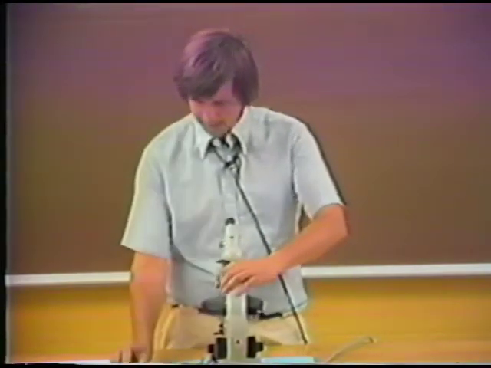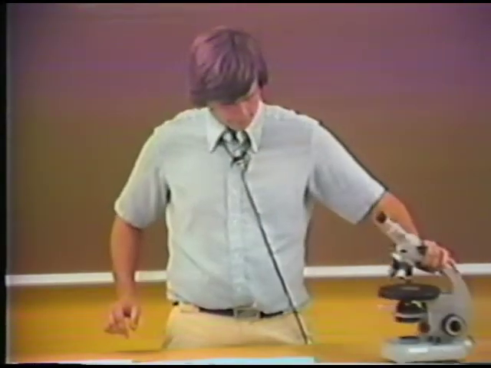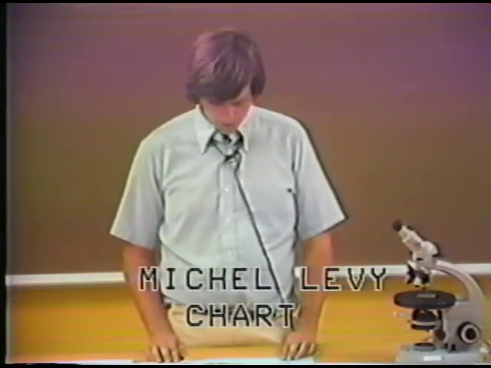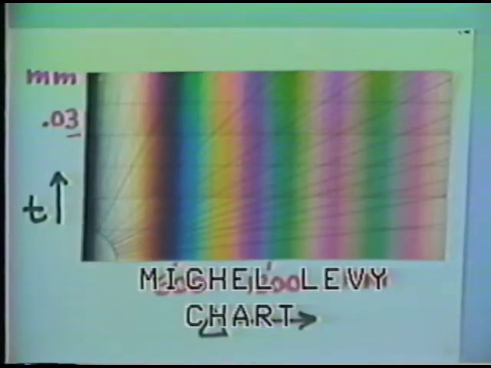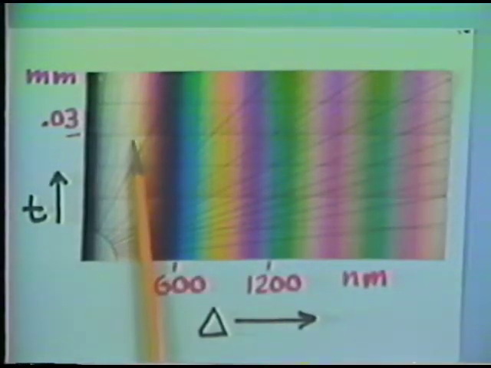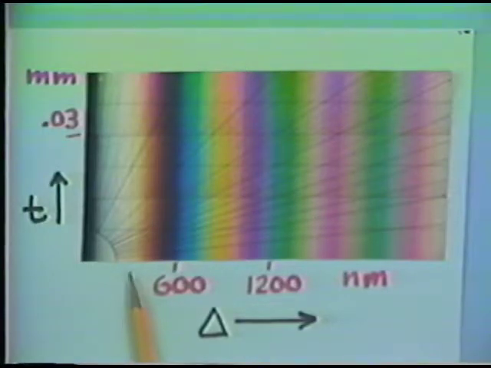Okay, well let's stop for a second now. We'll go back and look again at the Michel-Levy chart to see how this accessory plate affects the retardation in a particular case. Now the quartz normally has a maximum retardation that's shown right here in the diagram.